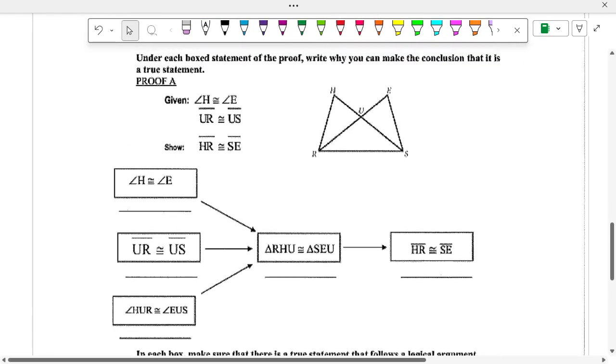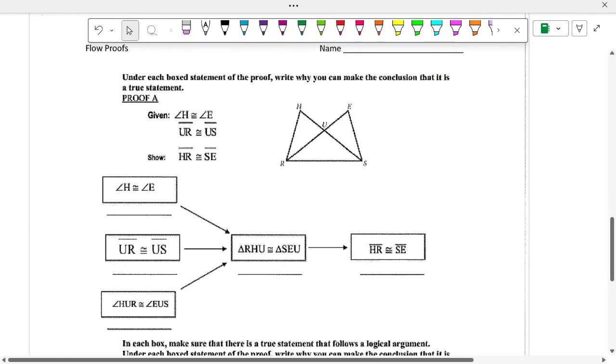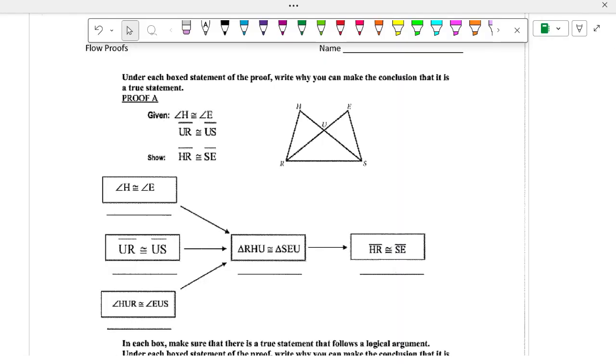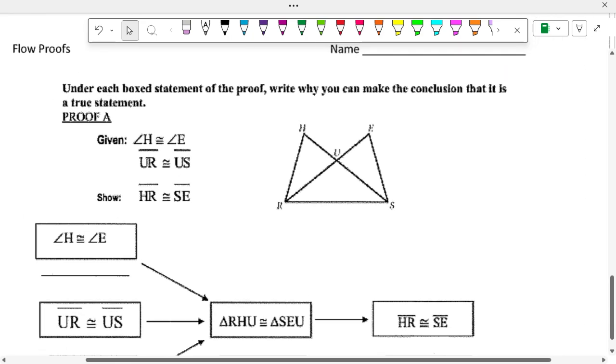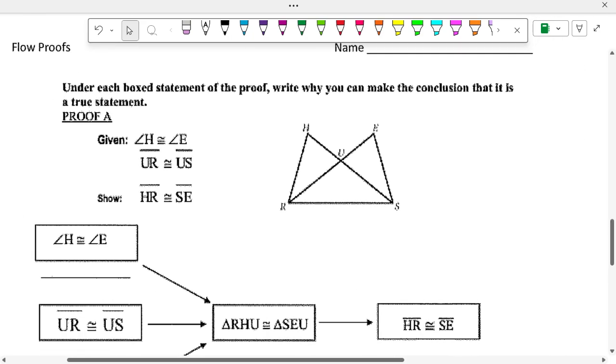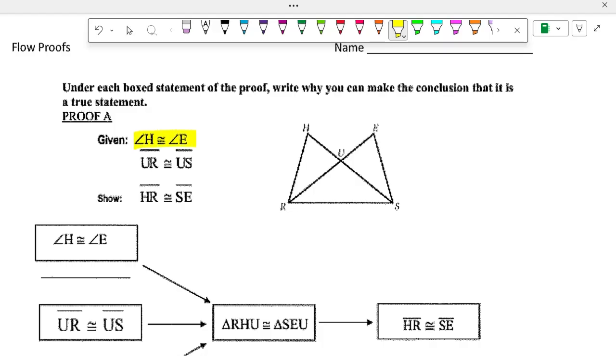All right, now look at the back. So on the back is kind of an example. There's two examples of a flow proof. So the first one, they already gave us the statements. All right, we just have to state what the reasons are. So first things first, whenever you look at any proof, the first place your eyes should go to is your givens. All right.